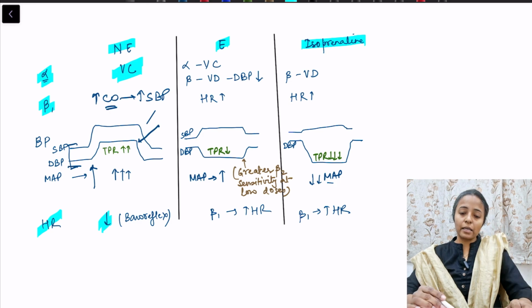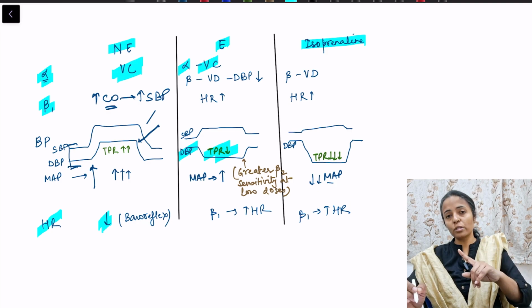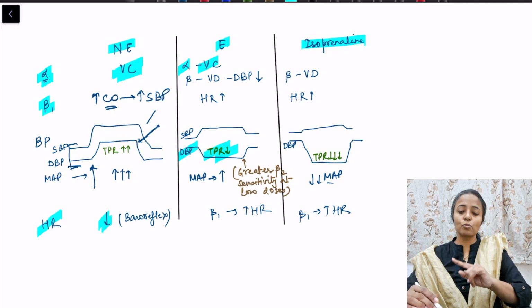Epinephrine: there is alpha action which will cause vasoconstriction, but beta 2 action is more. Okay, remember. So we have diastolic blood pressure which is decreased. Why? Beta 2 action is more in low doses. So there will be vasodilation. Vasodilation causes a decrease in peripheral vascular resistance. So there is a decrease in TPR.